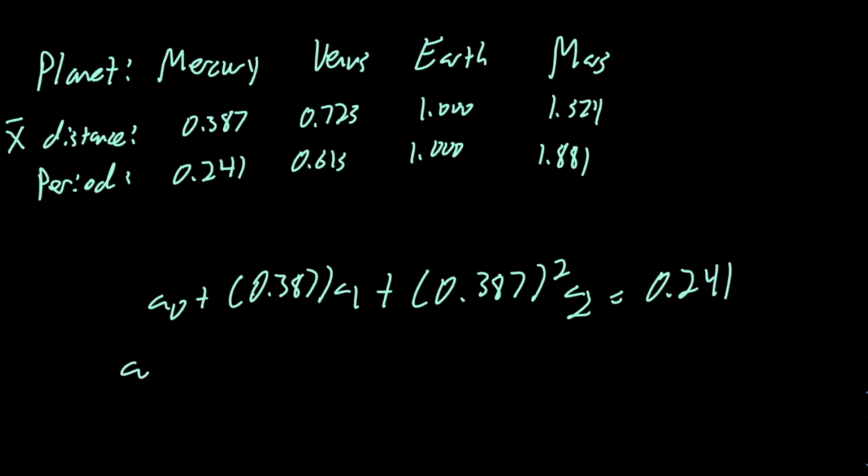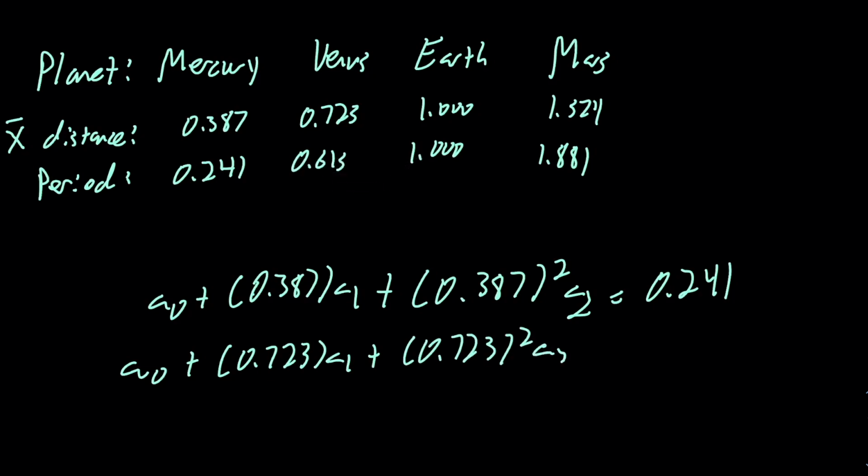And for Venus, we have a naught plus 0.723 a1 plus 0.723 squared a2, and that equals 0.615. And for Earth, we have a naught plus a1 plus a2, which is equal to 1.